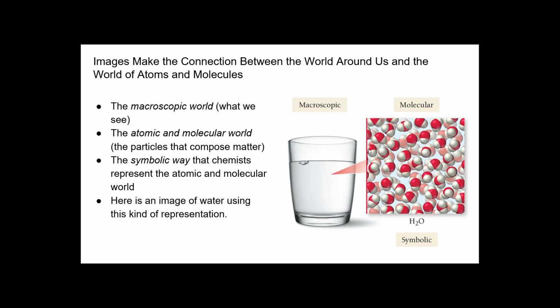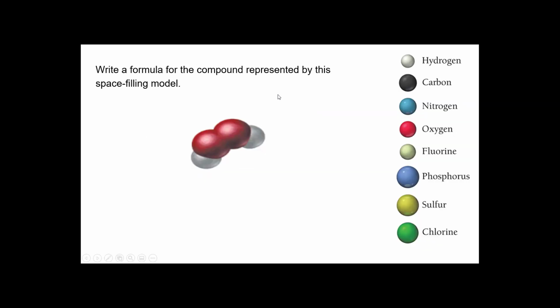So this is how we see things. We look at molecular, and then we start breaking it down in macroscopic, and then we look at it as molecular atomic to help us understand what we're looking at. So we're not just seeing solution in here, we're actually seeing millions and millions of water molecules that make up this water solution.